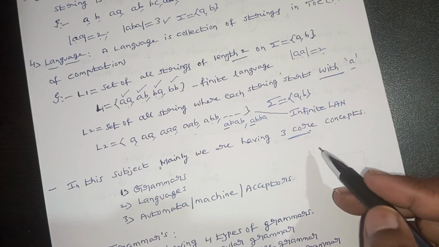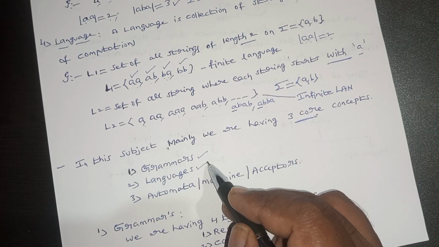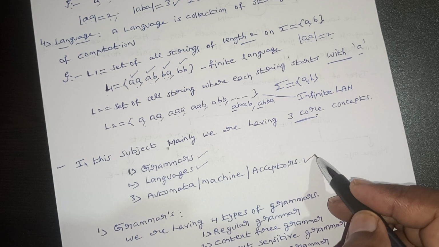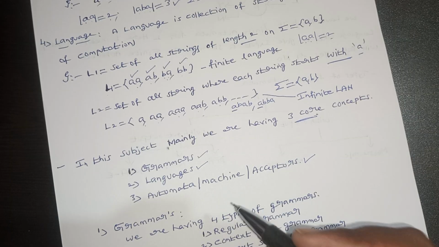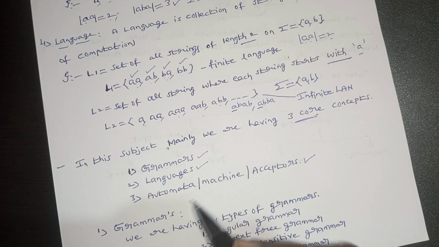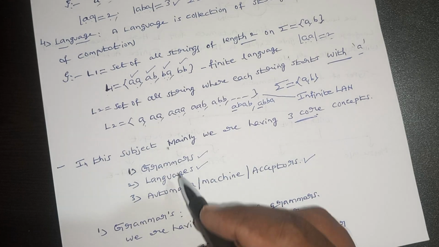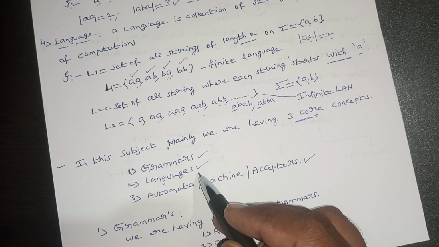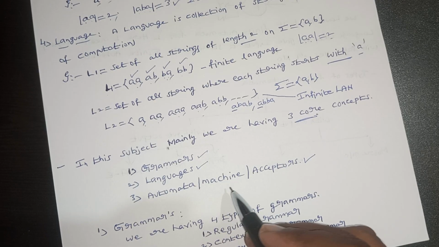Whatever the sub-concepts are, they will fall in grammars, languages, or automata, machines, or acceptors. So any subtopic may fall in any of these three concepts: grammars, languages, and then automata, machines, or acceptors.